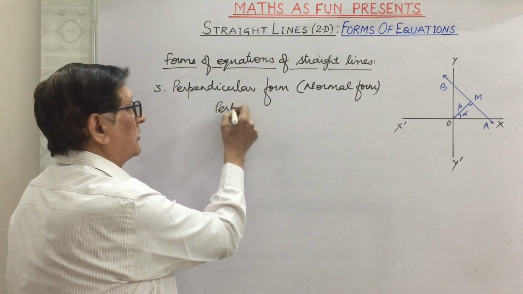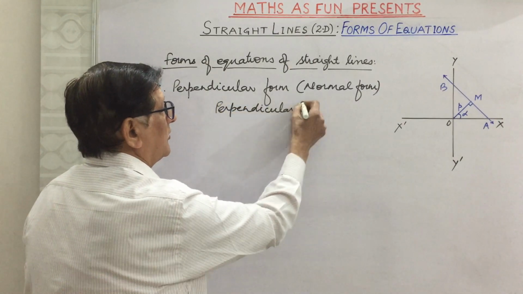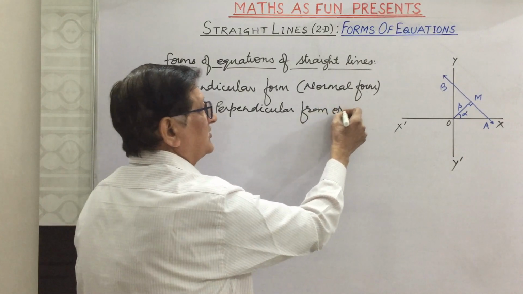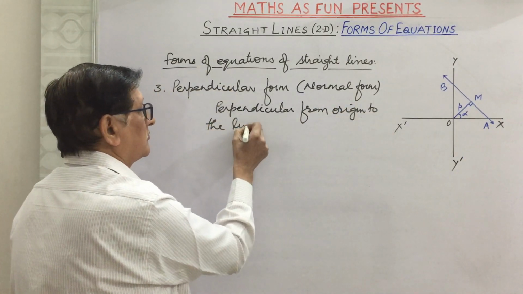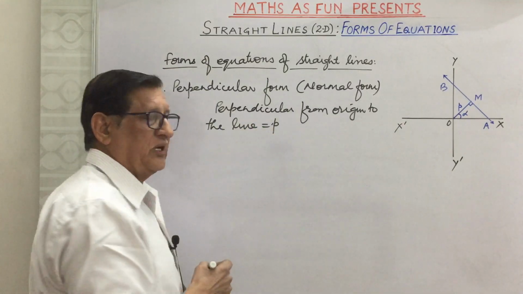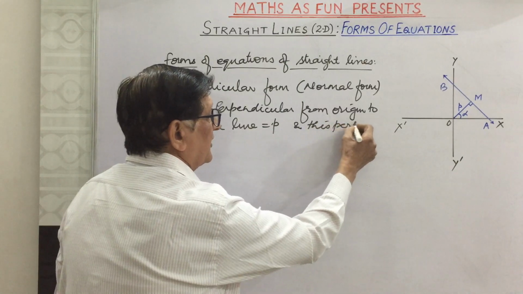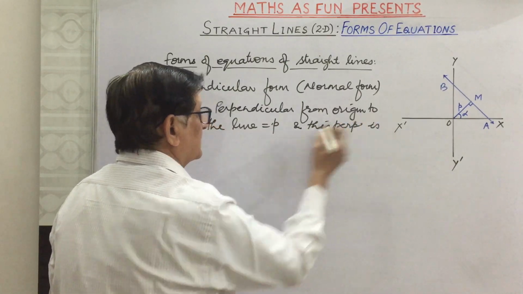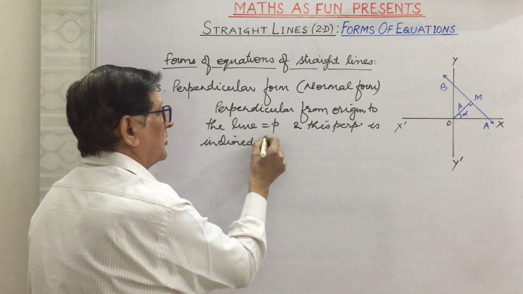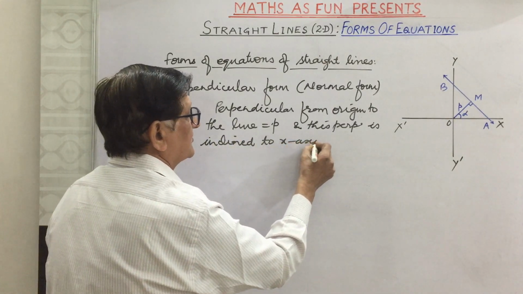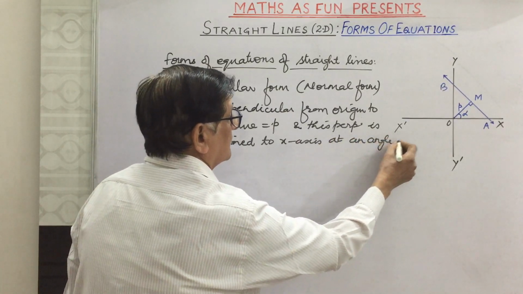The perpendicular from origin to the line is equal to P in length, and this perpendicular is inclined to x-axis at an angle alpha.